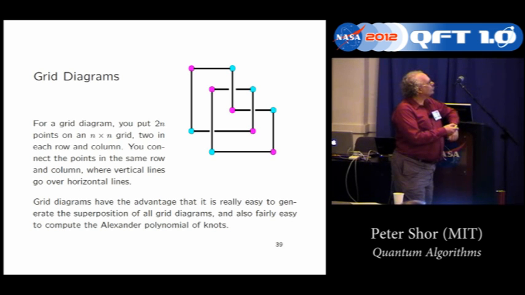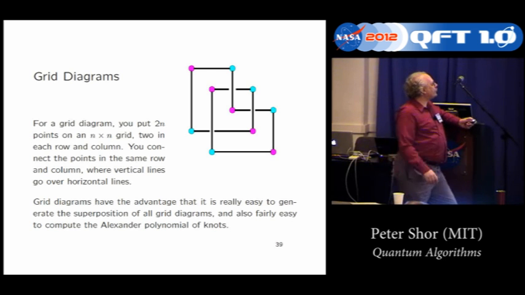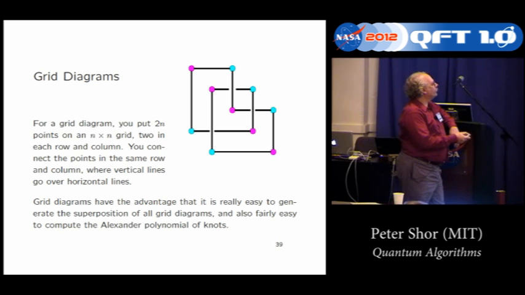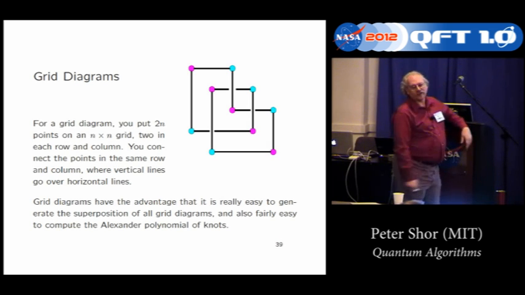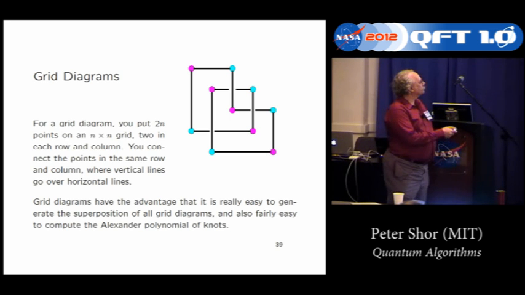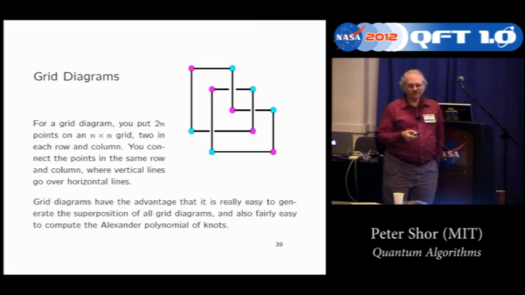Now, the test is to pick some of these grid moves at random, apply them, and see if the superposition doesn't change. You have to weight the move that increases the size of the grid properly, because we have different amplitudes depending on the size of the grid in the superposition.